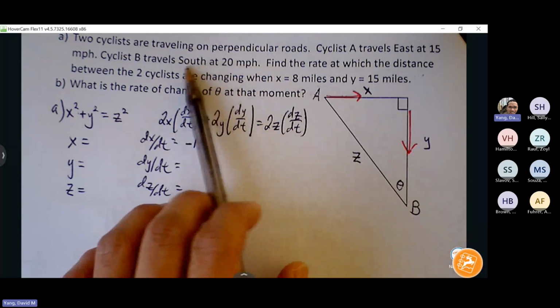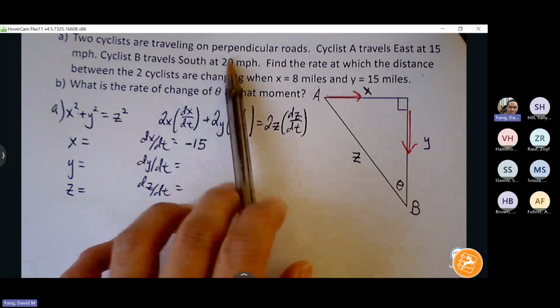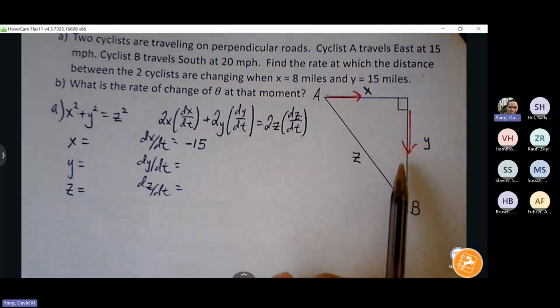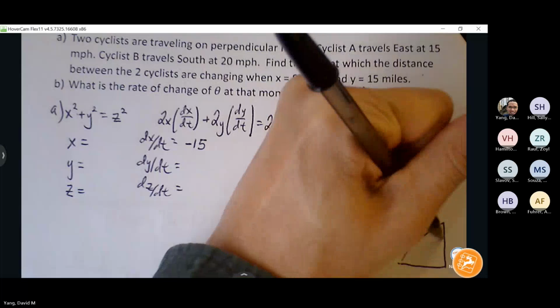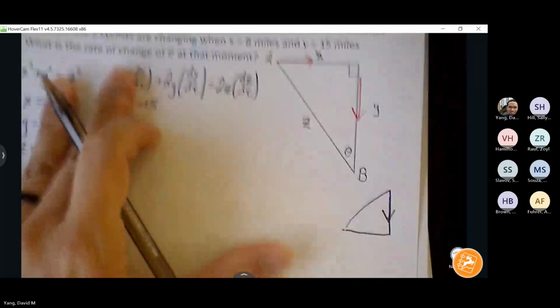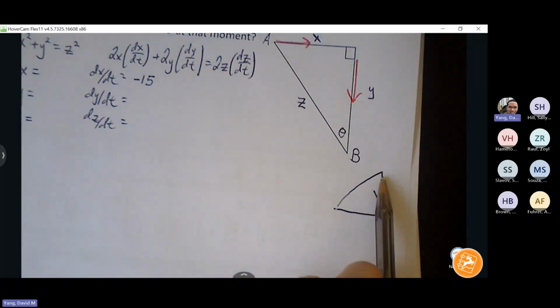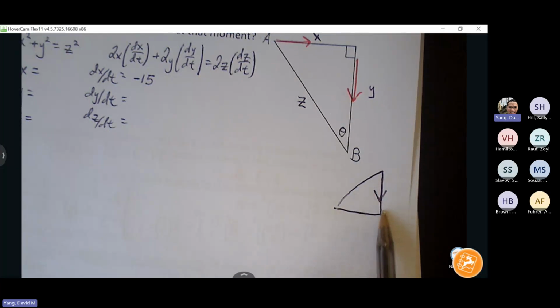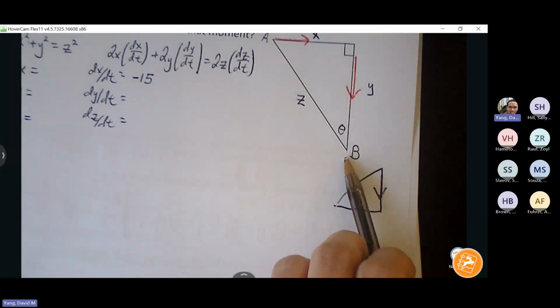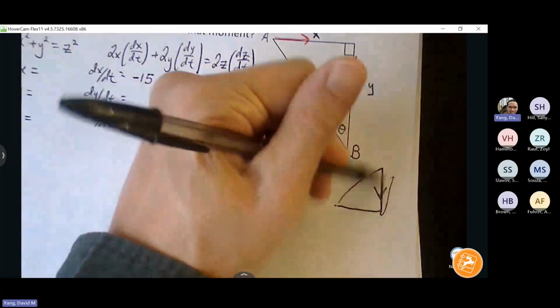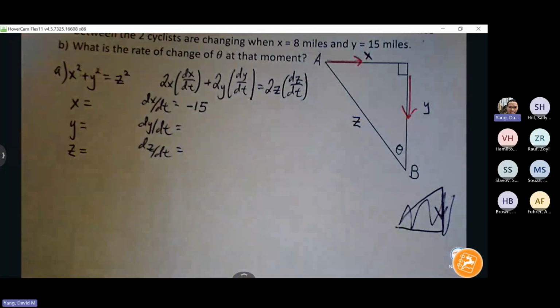I know that sometimes we may think, oh, south must be negative, but that could be true, but depends on the triangle, right? If the triangle looked like this, and the B is going down towards this destination, then we can say dy dt is negative, right? But here in this case, dy dt is positive. See that distinction there? Okay, so positive 20.